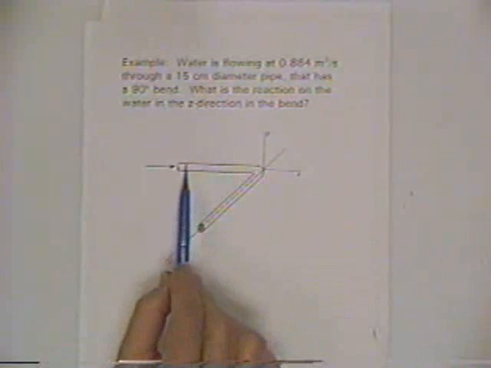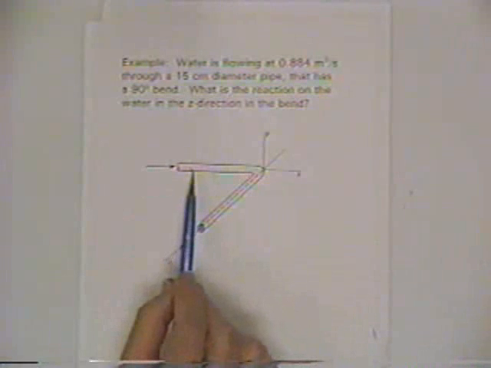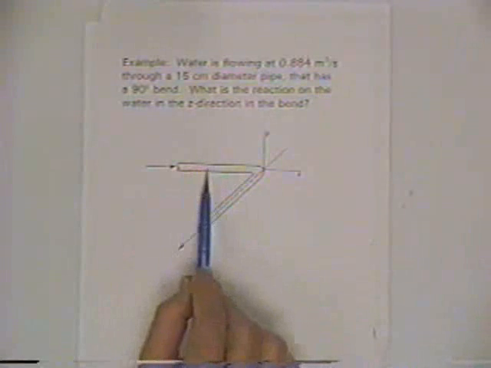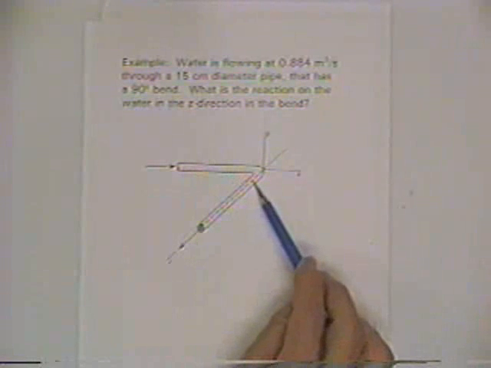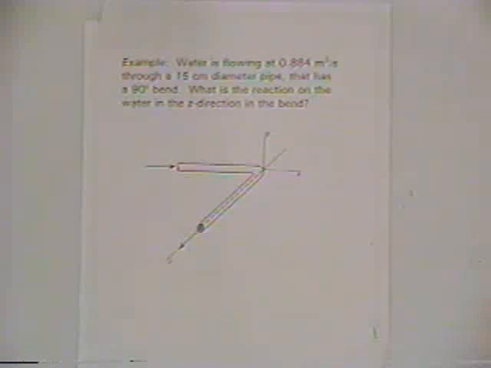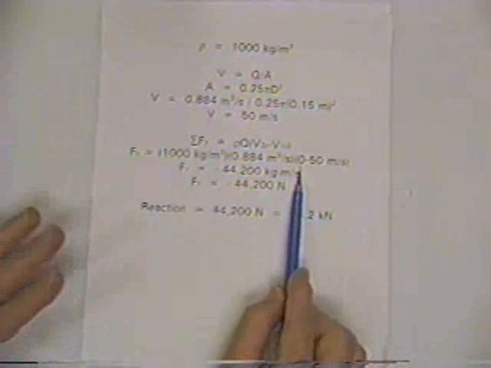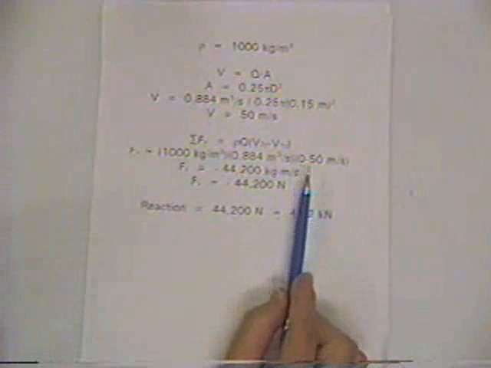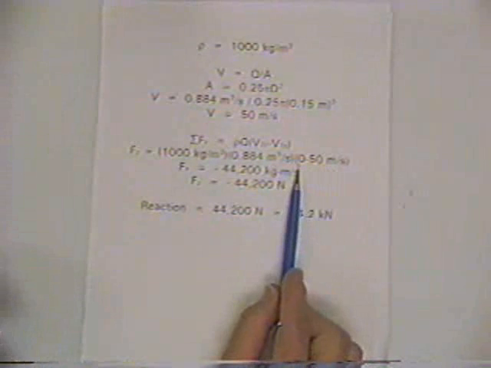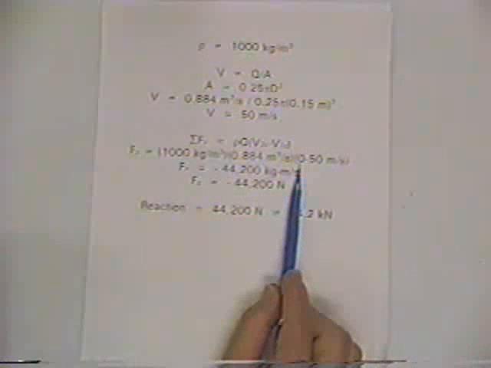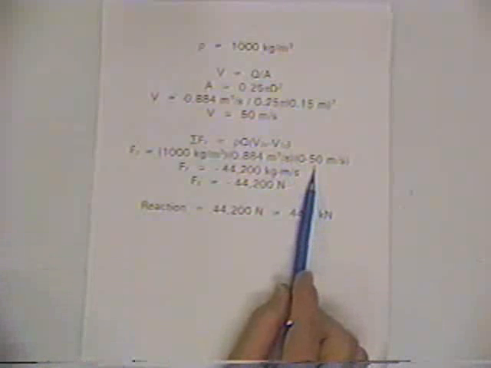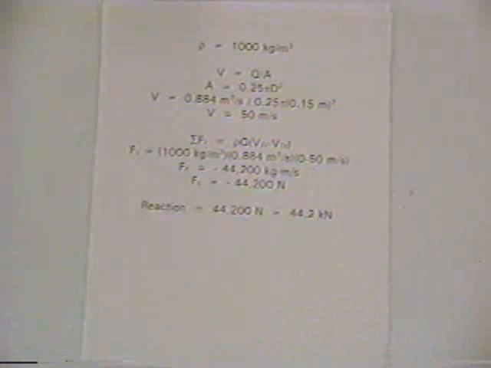Of course there's a velocity in the x direction, but in the z dimension there's zero velocity going in, and whatever the velocity is in the pipe coming out will be in the z direction. And so we've got 0, and again we all realize there's an absolute velocity of 50 meters per second, but when we divide it into the vectors of directions, in the z direction there's 0 velocity, and then coming out of that bend, that control volume, is 50 meters per second.